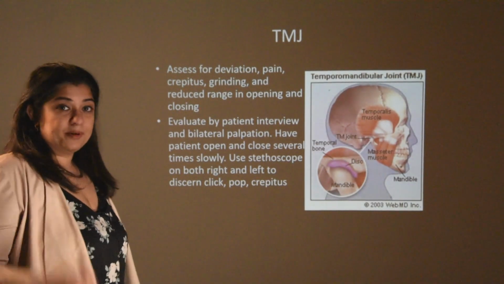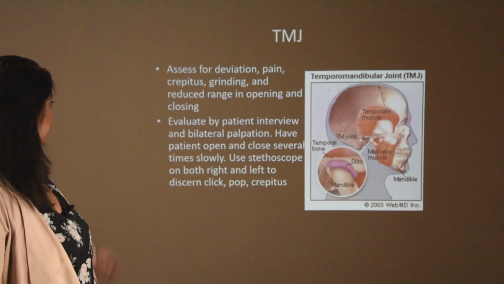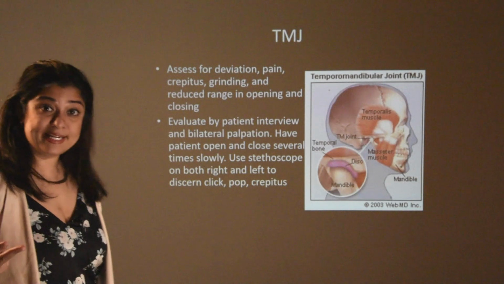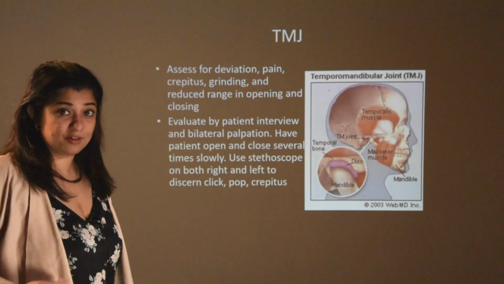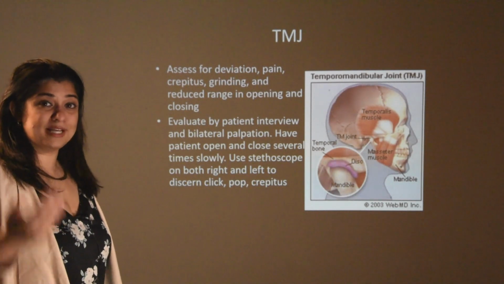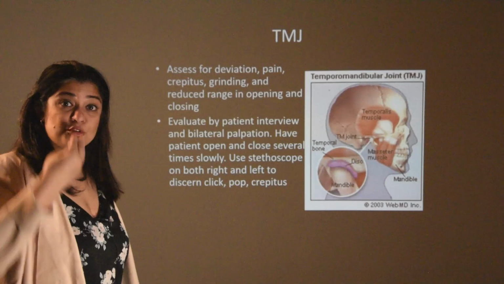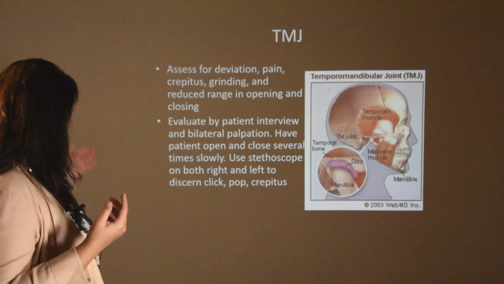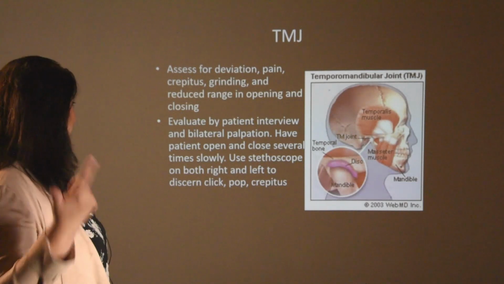So what are you looking for? You're looking for deviation, you're looking for pain, you're looking for crepitus, looking for grinding. Most people working in tech in Silicon Valley would have ground off a lot of their teeth. You want to make sure that you're diagnosing their grinding. You want to check their range of motion. You also want to take a patient interview and ask them if they have pain.